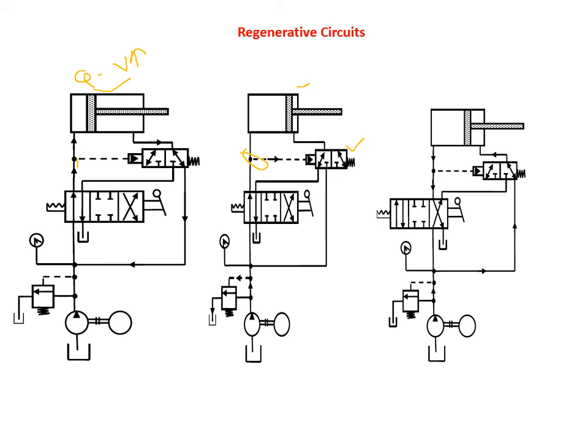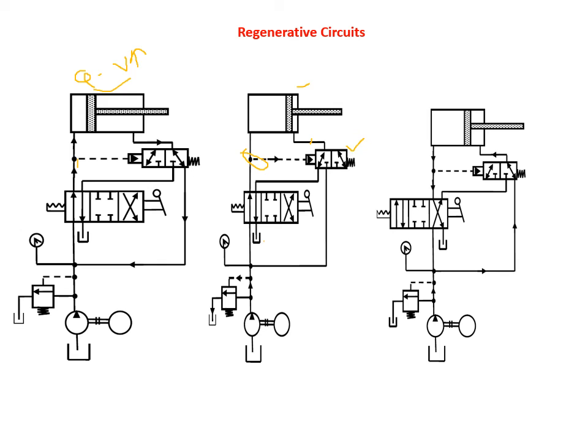So it will shift its position to this side. So what you observe is that whatever fluid is there in the rod end side of this actuator will again go to the tank through the main direction control valve. So this is about letting the fluid go to the tank.